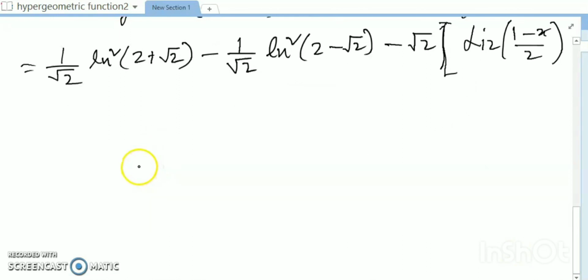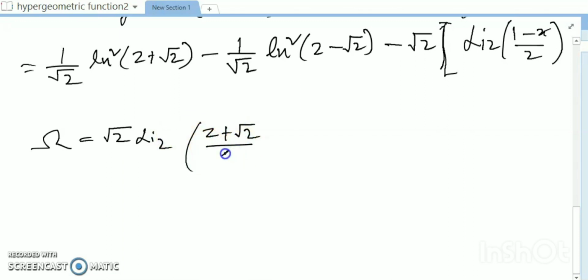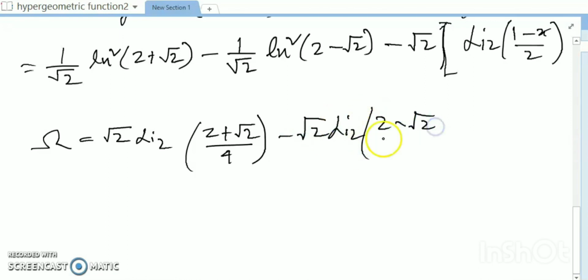I got omega is equal to root 2 li2((2 plus root 2) divided by 4) minus root 2 li2((2 minus root 2) divided by 4) minus root 2 ln 2 ln(1 plus root 2).